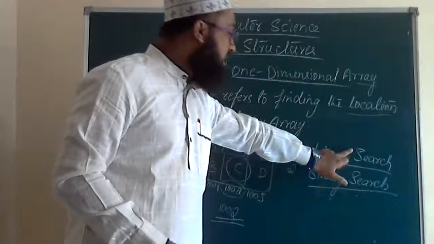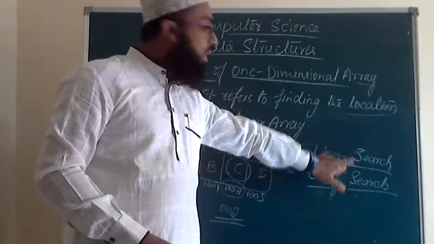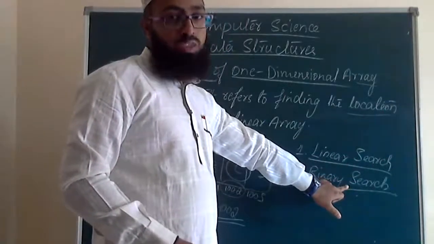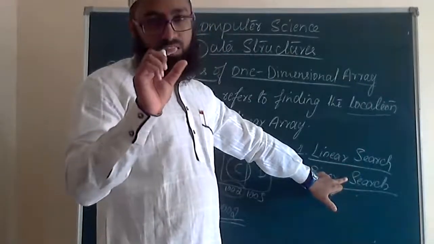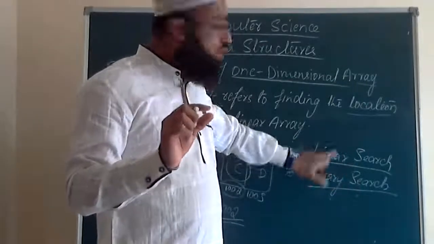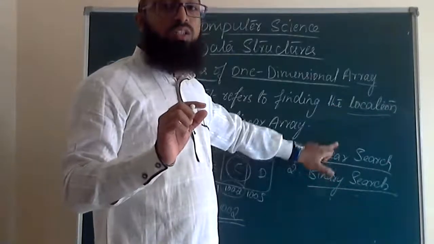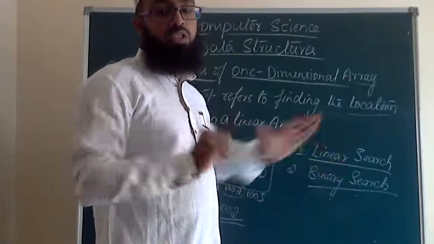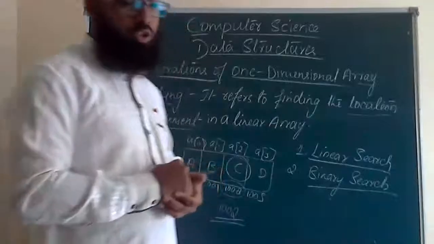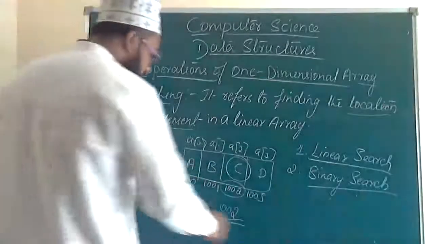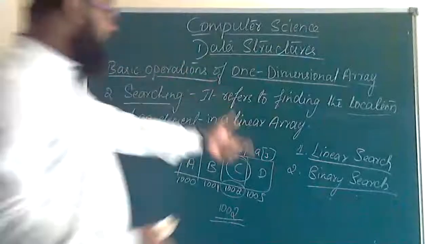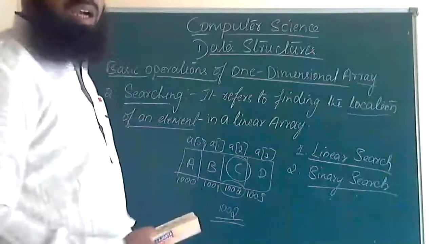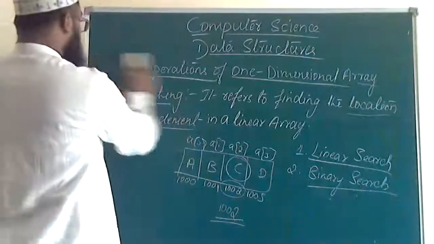Both are searching. If you want to search the same element using these two searching techniques, what is the difference between them? Now we are going to discuss. Let us see how we can use linear search and binary search to find an element.